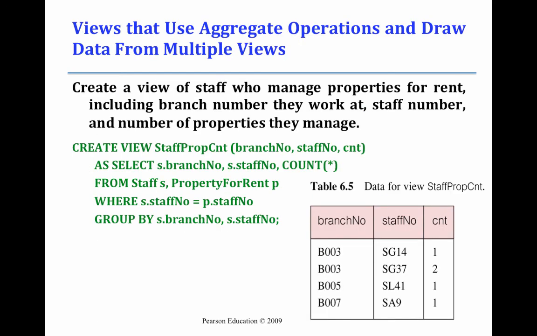Okay, and then the third type of view, so I had row views, horizontal, vertical, and the third type of view uses aggregate operations and draws data from multiple views. So here's one that gives me the count of properties managed by each staff member. So I create the view staff property count. These are going to be the names of the three columns.